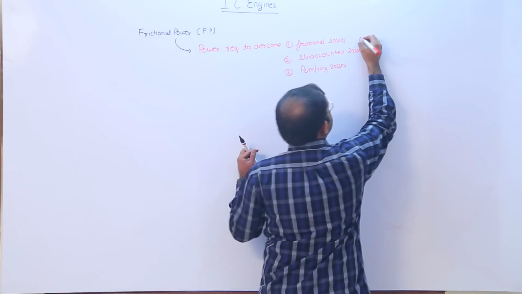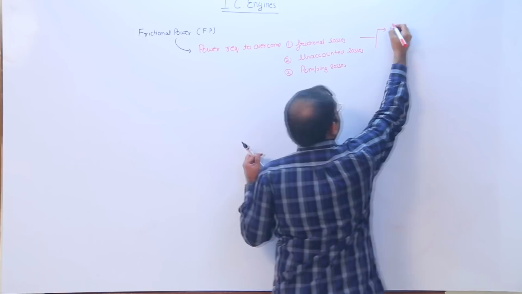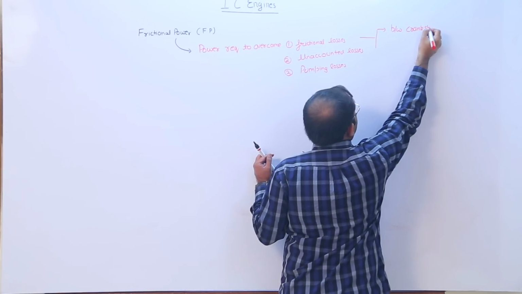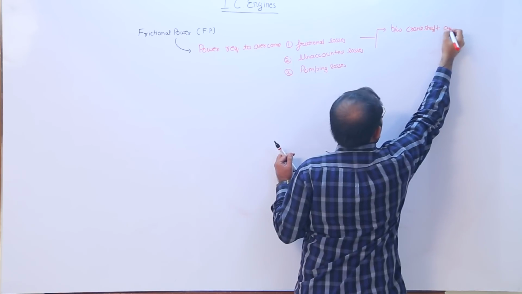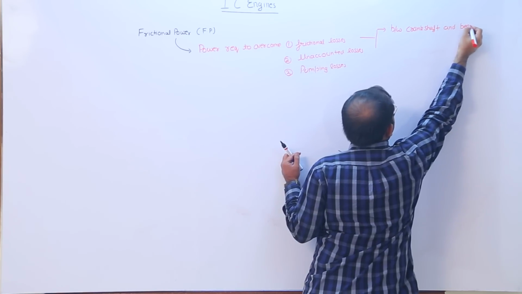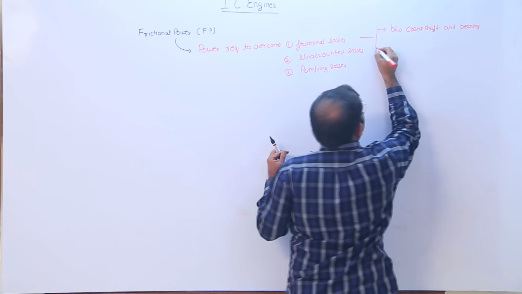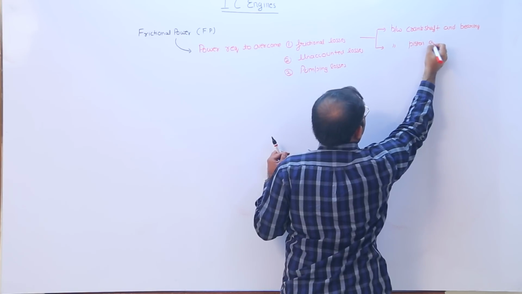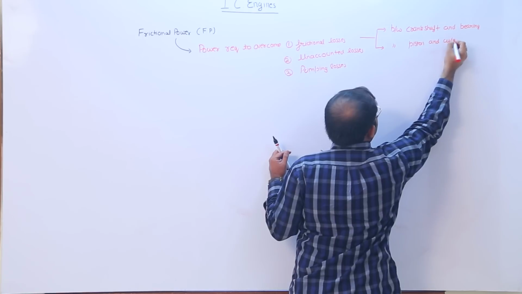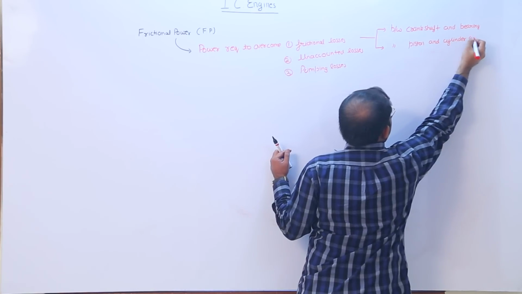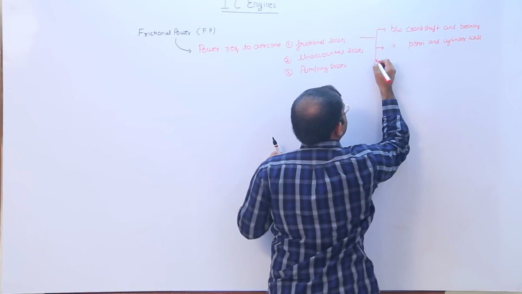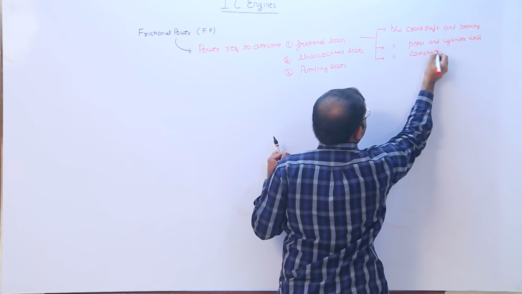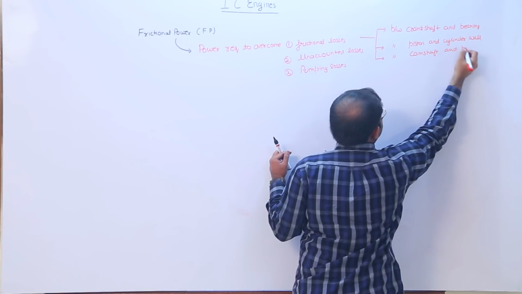And again the frictional losses are between crankshaft and bearings, between piston and cylinder wall, and the third one is between camshaft and bearings.